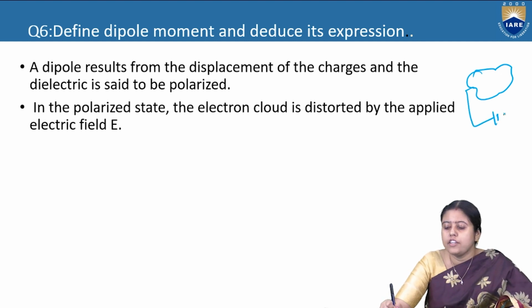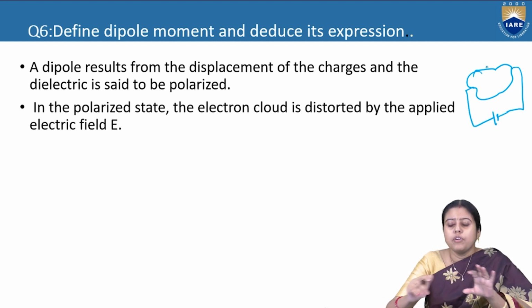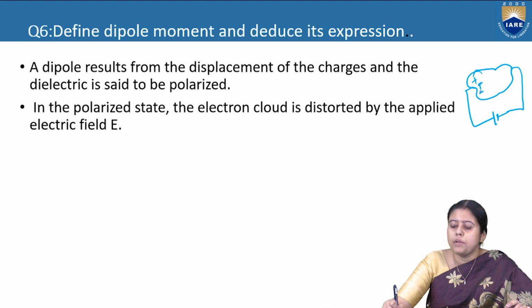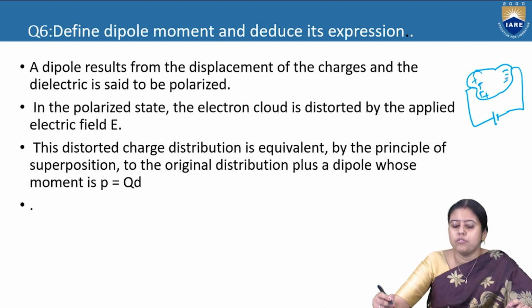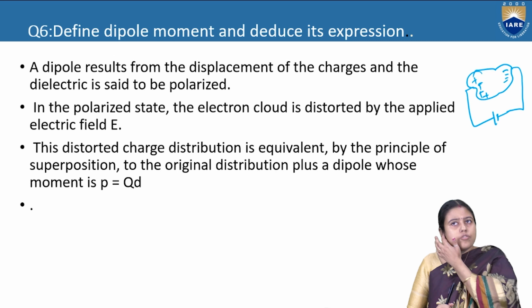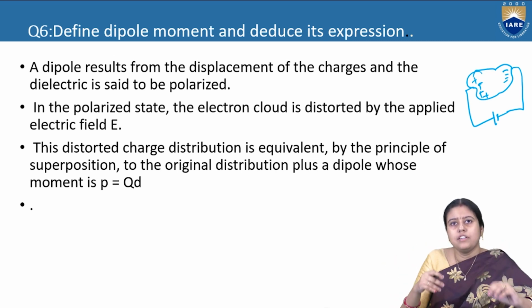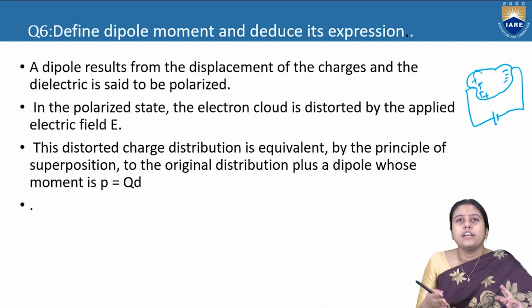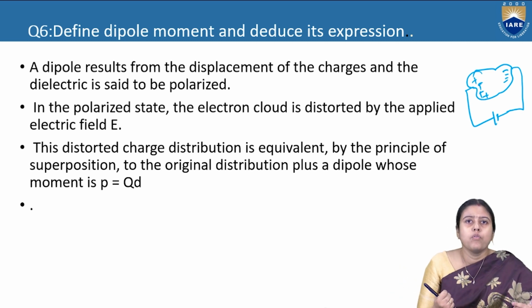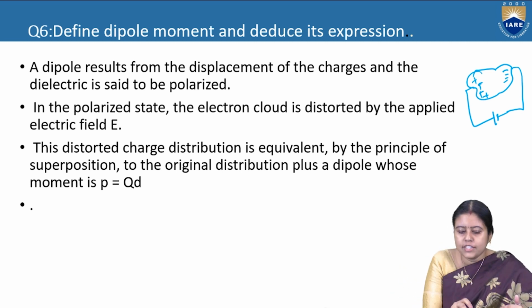If we connect it with the source, the positive charges will come to one side and negative charges will go to the other side. So this is called distorted. If it is circular in nature, it becomes a little elongated. We have already discussed polarization in detail in my old discussion.